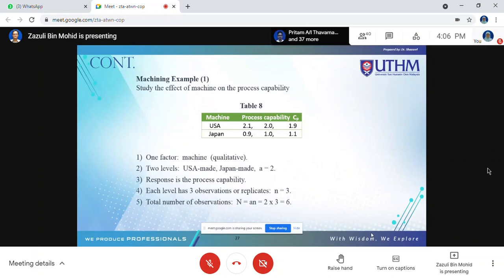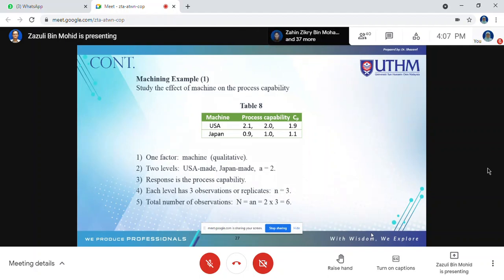So in statistics, we call this machine type, or the input, a factor. So we have two factors, and then we make sampling. We do the measurement. We have done 3 trials for each factor.